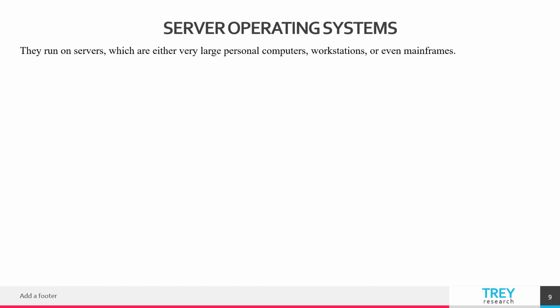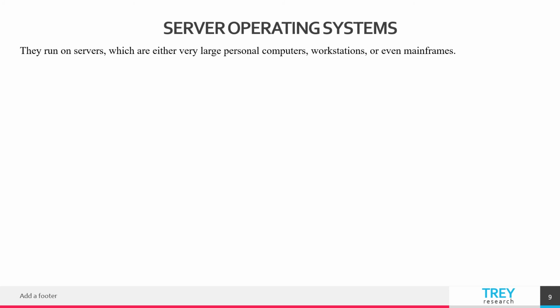On to the next one, the server operating systems. As the name appears here, the server, we're simply talking about those operating systems that are specifically used for the server. They run on servers which are either very large personal computers, workstations, or even mainframe computers.